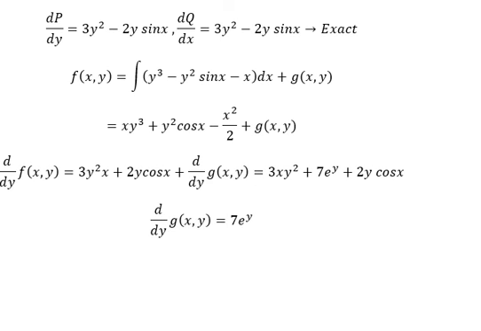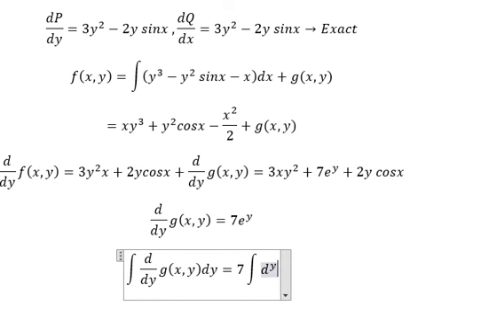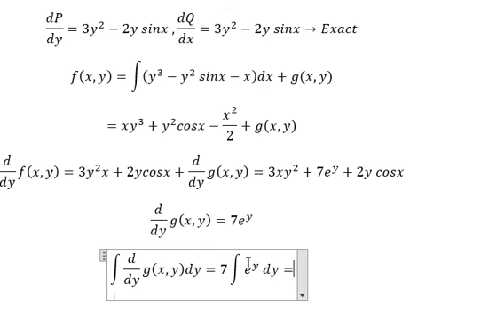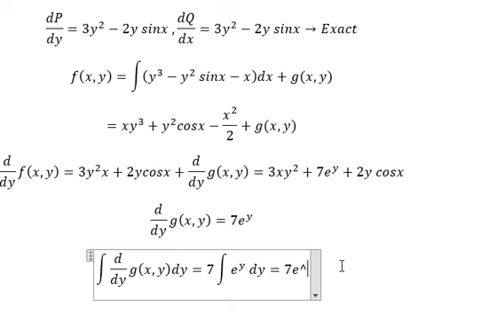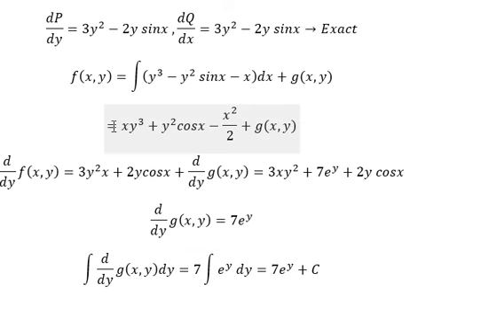Next, we put the integration for the both sides. The integration of e to the power of y, we have 7e to the power of y, and I will put c. Now we go back in here.